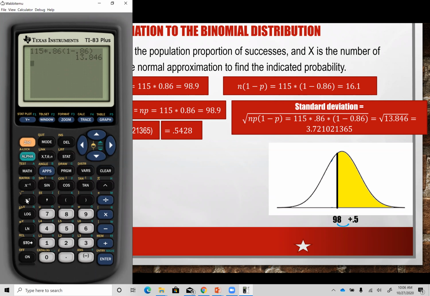Okay, I got it. Square root of 13.3846, and that's where I have it.